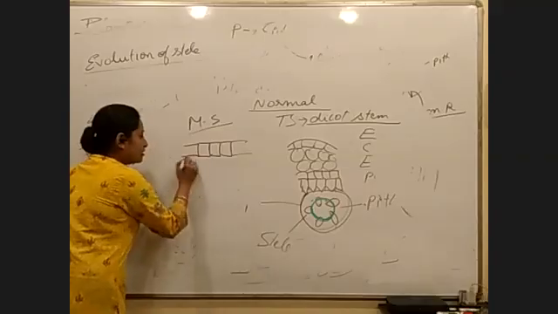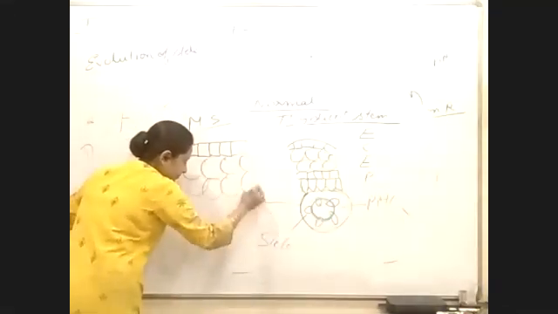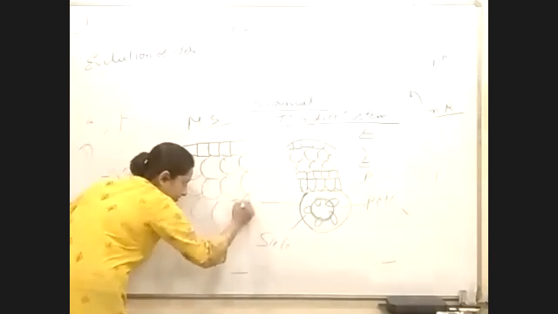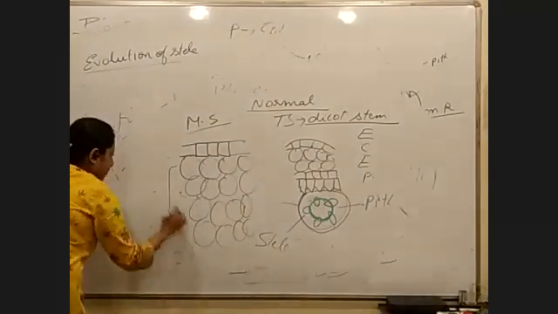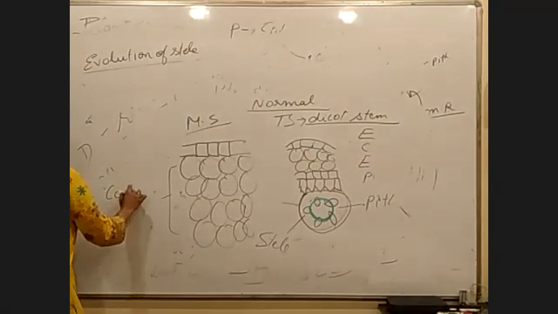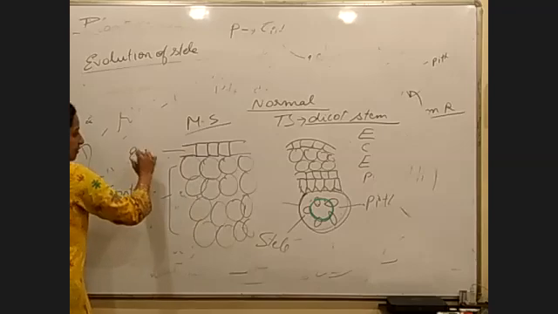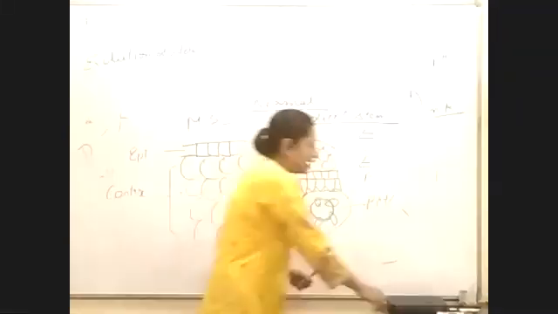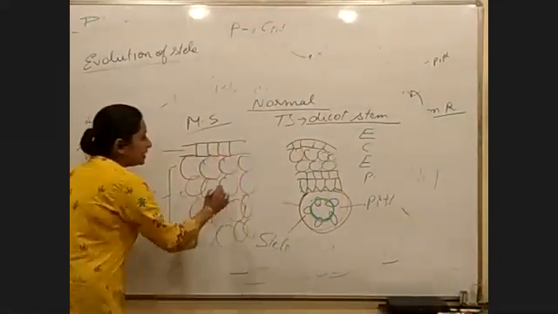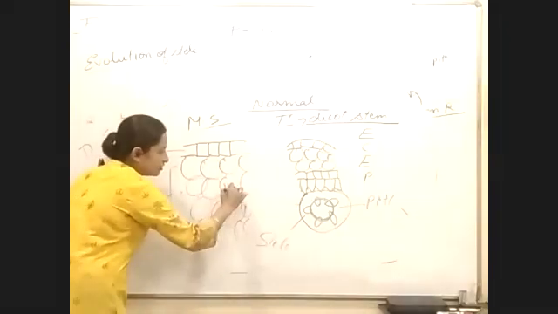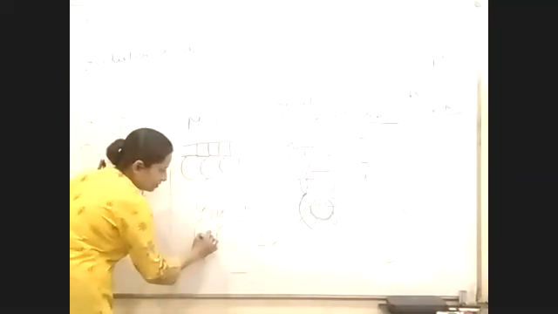Inside the epidermis, all the remaining tissues we call the cortex. The vascular bundles, as we have already used the word, are scattered in the cortical tissue. They can be here, here, here, anywhere.